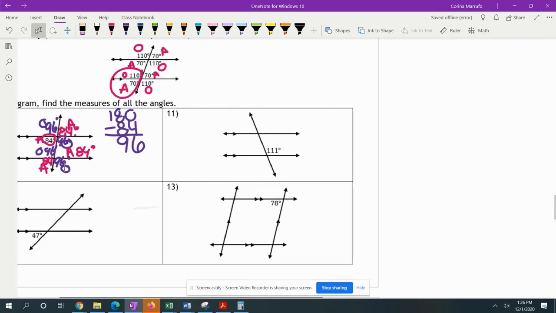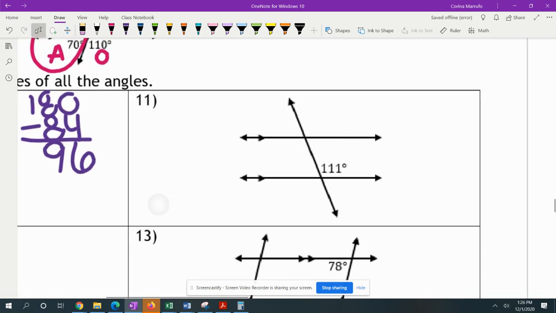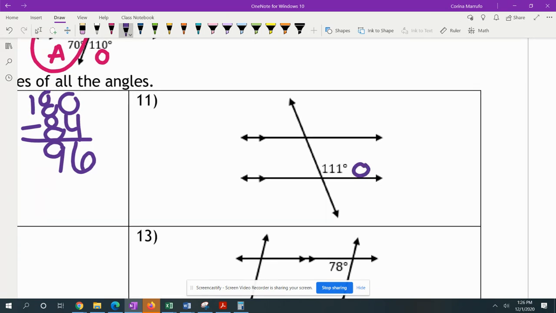Okay, the next one. So here they tell us this is 111. That is obviously our obtuse angle. So that means this angle is also obtuse. This one's obtuse and this one's obtuse, which means all of these are 111 degrees.